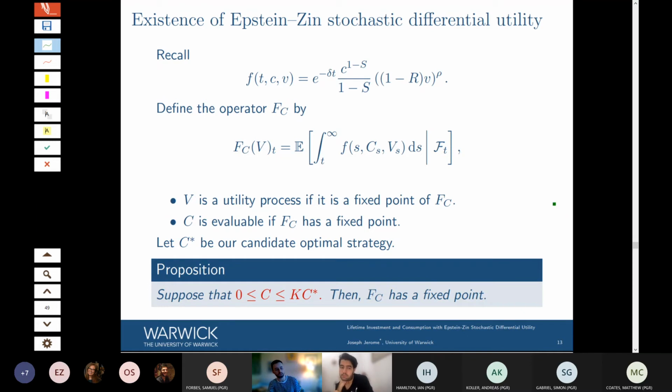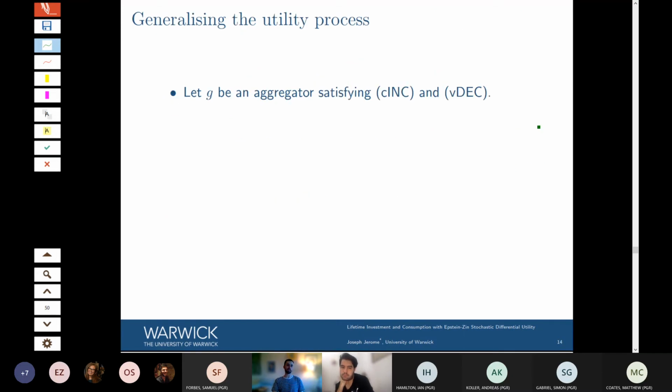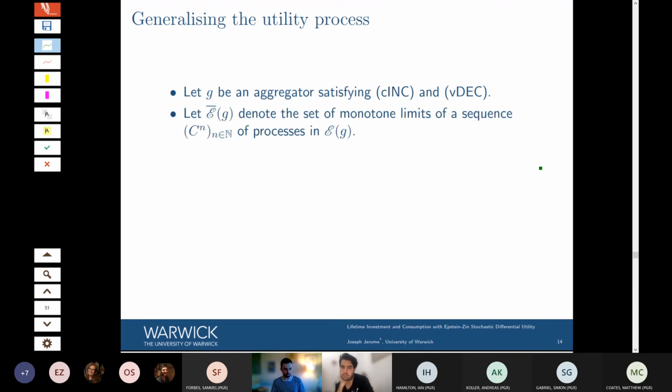But this is still kind of restrictive, right? So we don't really want to just consider consumption streams that are only bounded above by our candidate optimal strategy. So we're going to try and generalize this. We've got this aggregator which is increasing in C, decreasing in V, and we're going to let script E of G just be the monotone limits of evaluable processes.